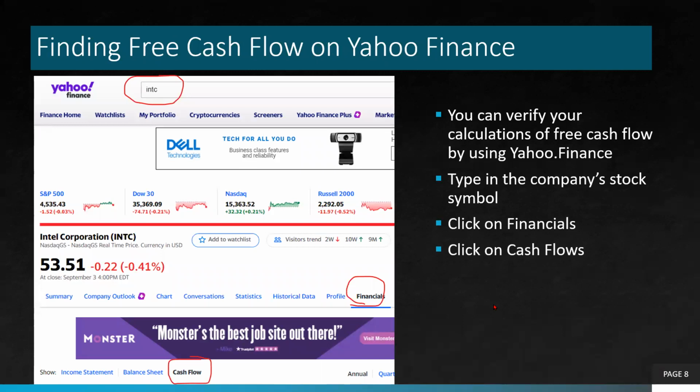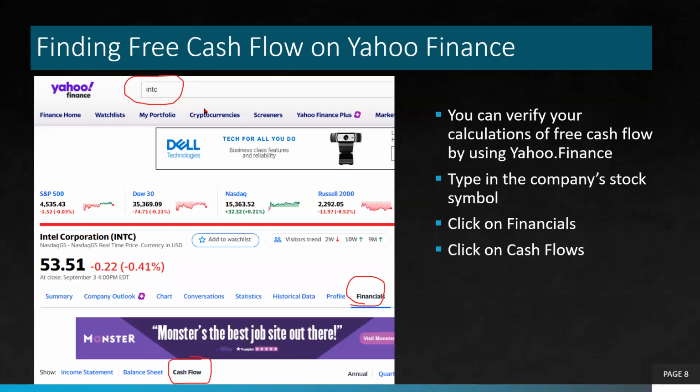You can verify or check your work of your free cash flow on yahoo.finance.com. You go to Yahoo Finance and you type in the company's stock symbol. INTC, that's the stock symbol for Intel.